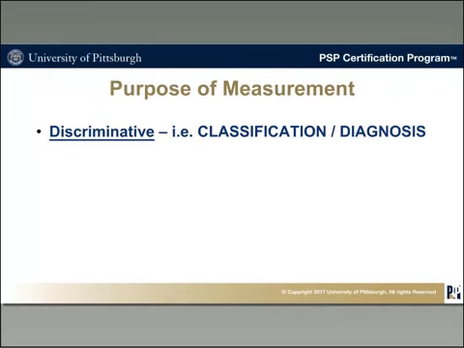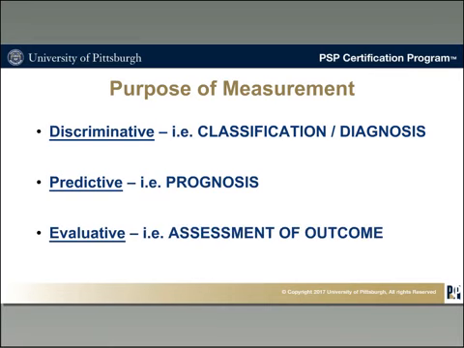So discriminative measures, again, trying to classify or make a diagnosis. Predictive measures are really looking at the prognosis, or again, predicting their outcome. And evaluative are used to assess outcome. So in terms of measuring quality and value, we want to measure change over time. So these have to be evaluative outcome measures.